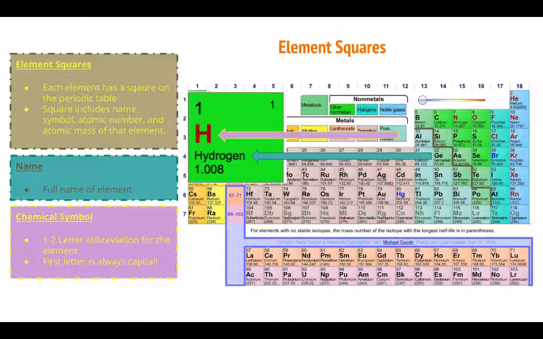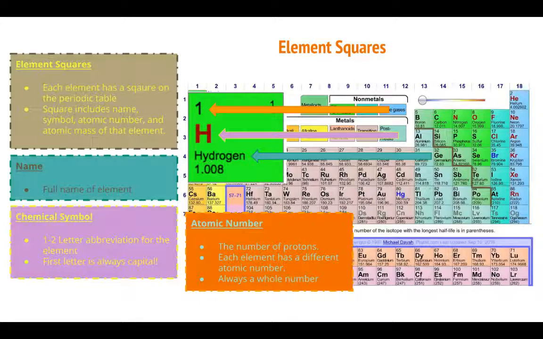There's just some research on it that's kind of cool sometimes too. But anyway, hydrogen here, its chemical symbol is just H, and it's a capital H, notice. If it has 1 letter, that letter is capital. If it has 2 letters, the first letter is capital and the second is lowercase. And that's how we know we're talking about different elements when we start combining them together.